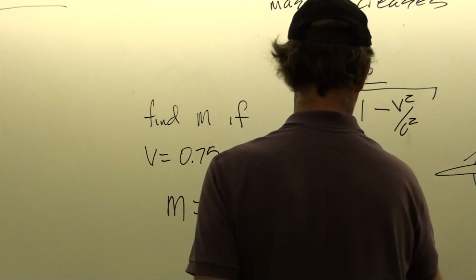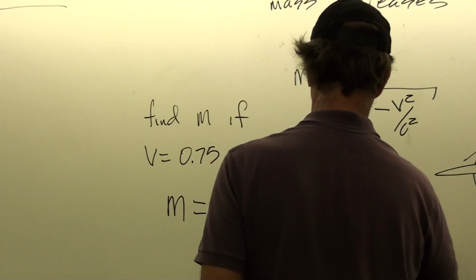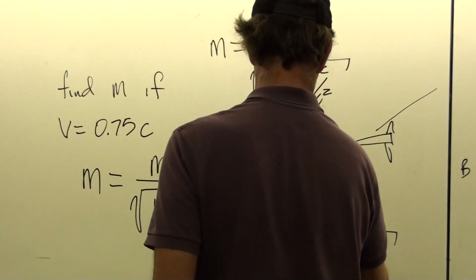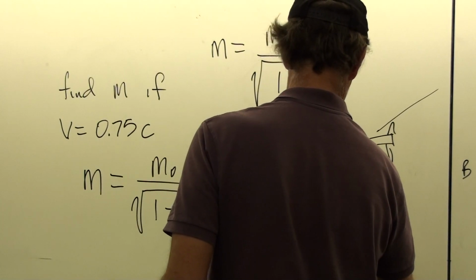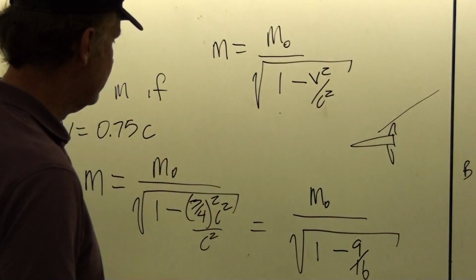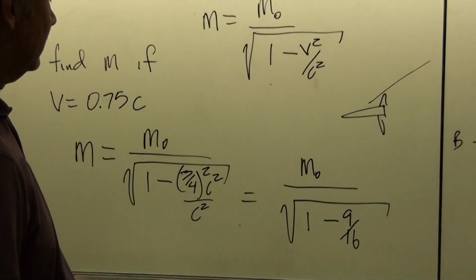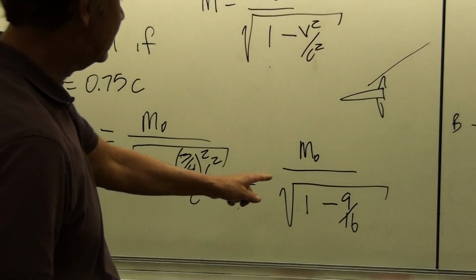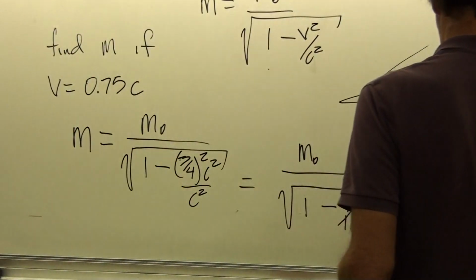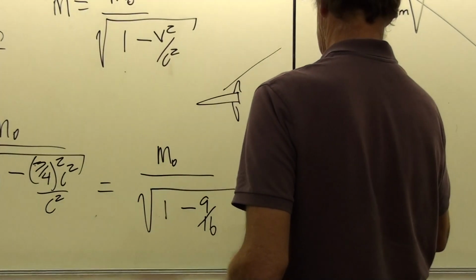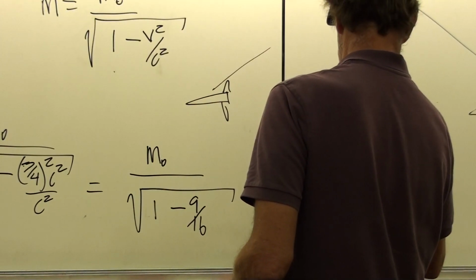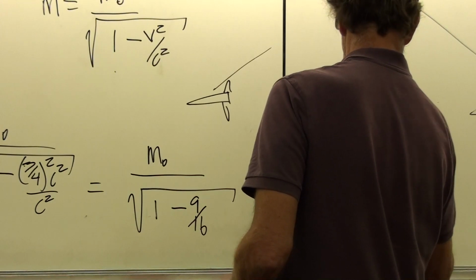And so that would be m naught divided by square root of 1 minus 9/16. Then the c squared over c squared would cancel. And so this would be 16/16 minus 9/16. So that would be m naught divided by the square root of 7/16.